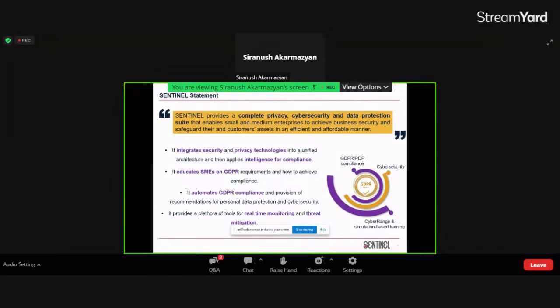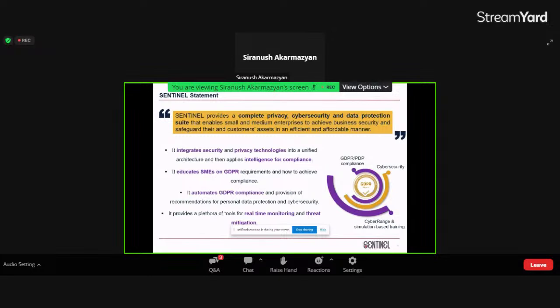This is the first pillar, and the second is that with the project, we want to educate SMEs on GDPR requirements, and this is the most important part, and how to achieve this compliance. The project itself tries to automate GDPR compliance and provision of recommendations for both cybersecurity and personal data protection, and it also provides tools and services to run real-time monitoring and threat mitigation.